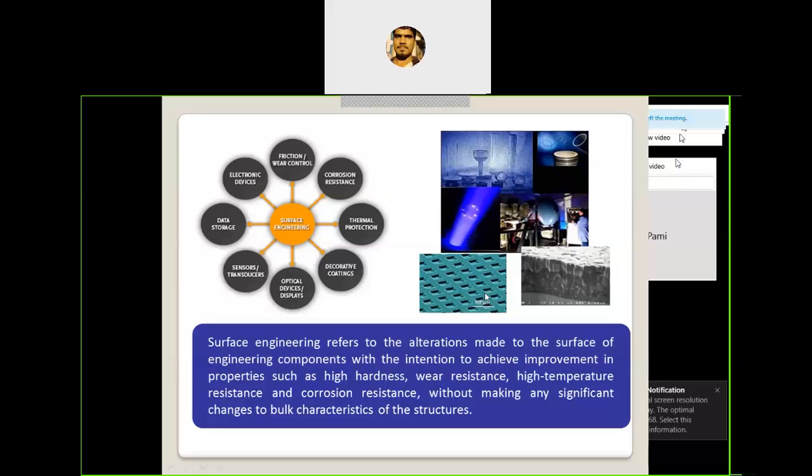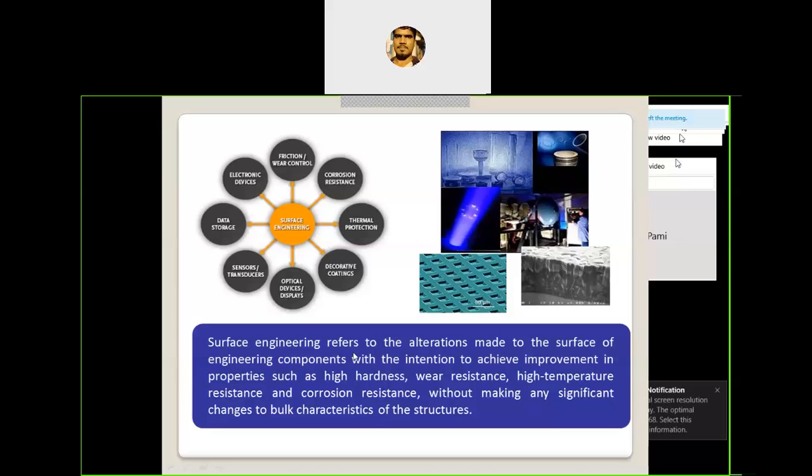Surface engineering refers to the alterations made to the surface of an engineering component with an intention to achieve improvement in properties. What is the main purpose of applying coatings or altering the surface? Just to enhance some of the properties, like first is hardness.